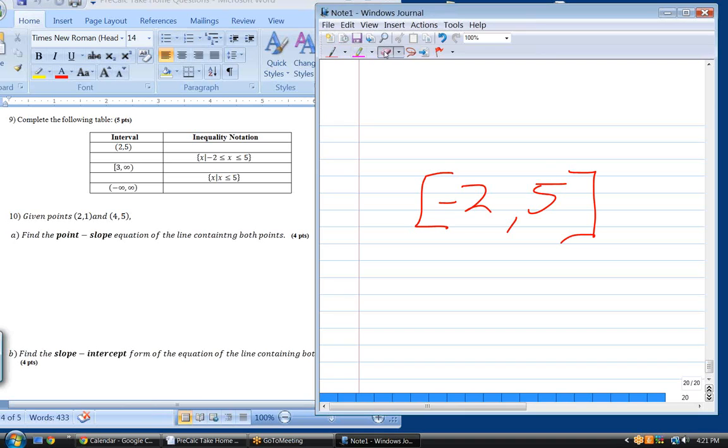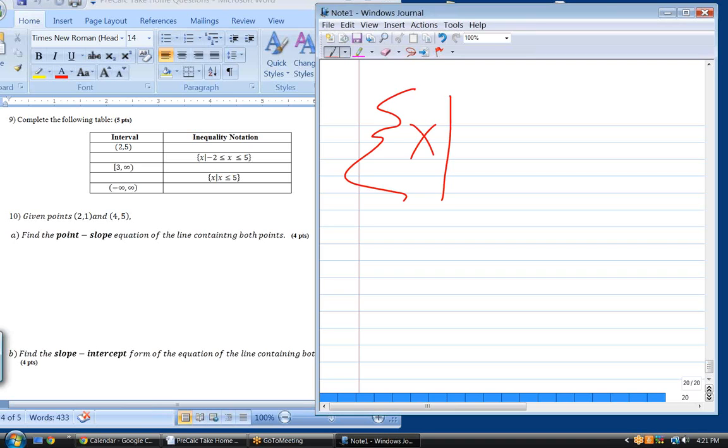Now let's write the inequality notation for the third one. x is 3? Is it greater than or greater than or equal to? Greater than or equal to. And then infinity is always parentheses, right?